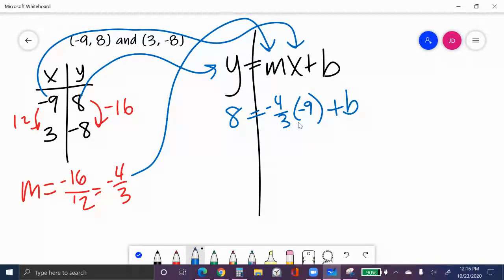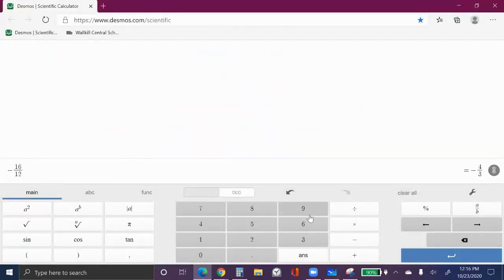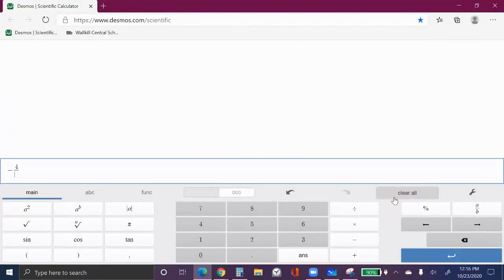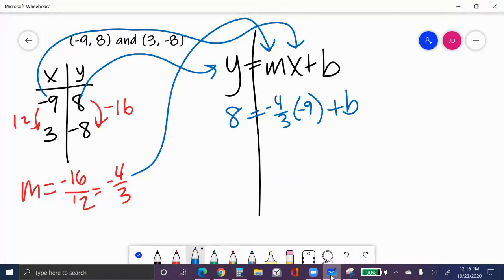Negative 4/3 times negative 9 is positive 12. So we have 8 equals 12 plus b.